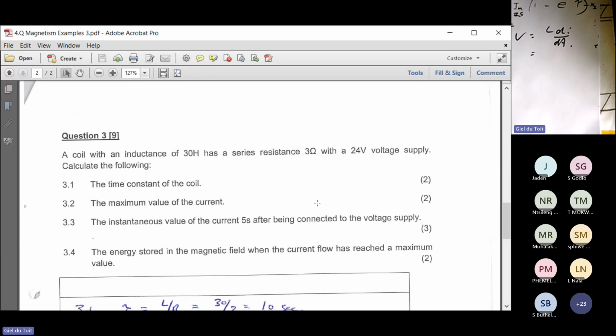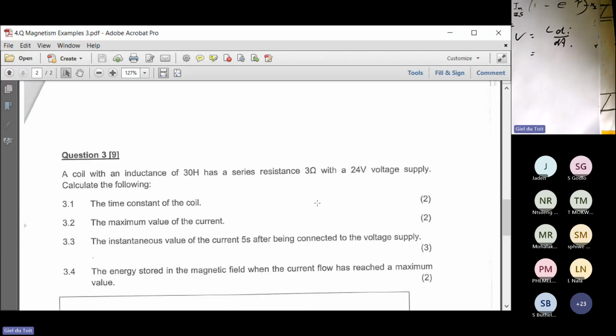Let me hide the answer, but we want the time constant. We want the maximum value of the current, which is the final value. And we want the instantaneous value of the current at 5 seconds. It's similar to the previous one. Guys, just in 1 minute, quickly do it. Tau is L over R. The current is V over R. What are your values there?